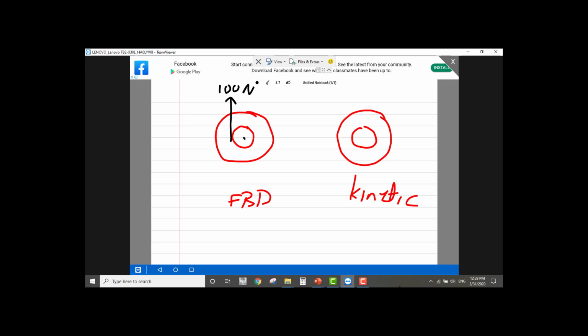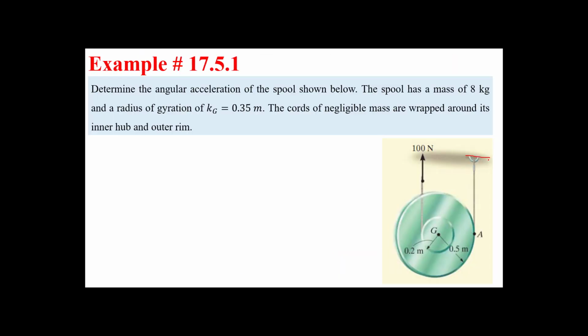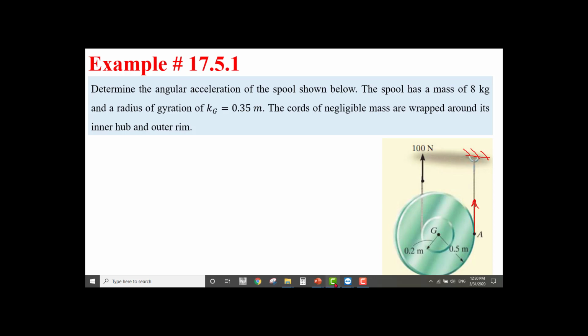This is the centroid, G. Then we have the weight downward, equal to the mass, 8, multiplied by gravity acceleration. And here we have the cord upward, with tension. He told me to neglect the weight, but I have tension because this is hinged. If I go back to the slide you will see it is hinged from here. So surely I have tension upward. Okay, let's go back to the solving board.